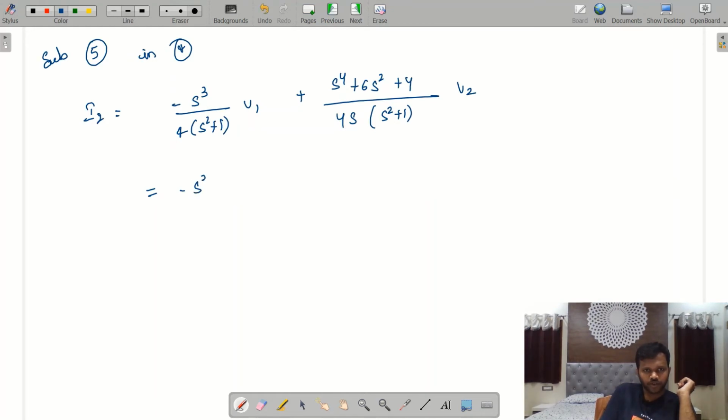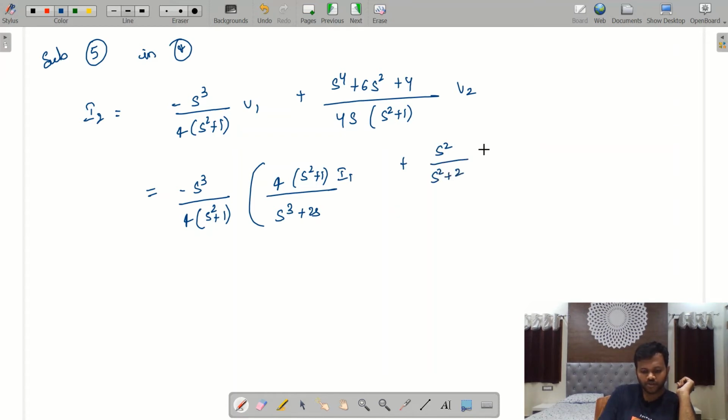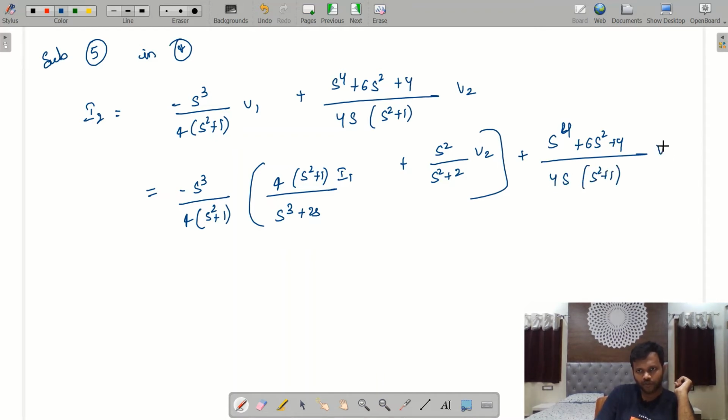So minus S cube by 4 into S square plus 1 into 4 into S square plus 1 into I1 divided by S cube plus 2S plus S square by S square plus 2 into V2, plus similarly this value S power 4 plus 6S square plus 4 divided by 4S into S square plus 1 into V2.